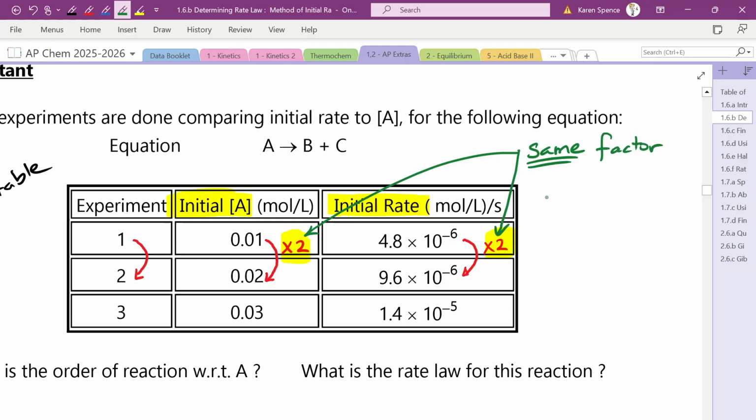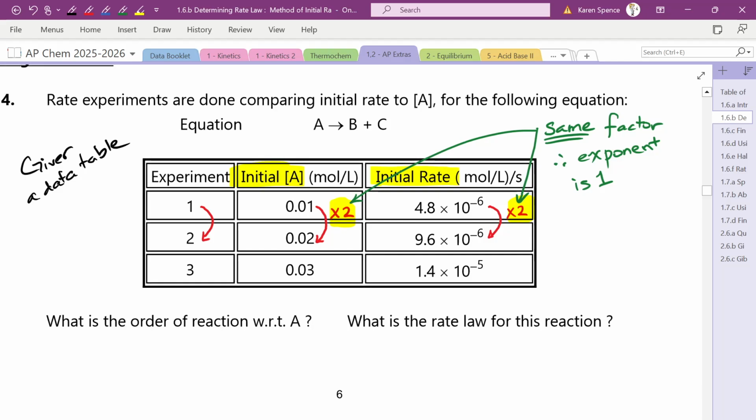Yeah, so our exponent is 1. Because if I double the concentration and that doubles the rate, that means our exponent is 1. So our order with respect to A is 1st order.